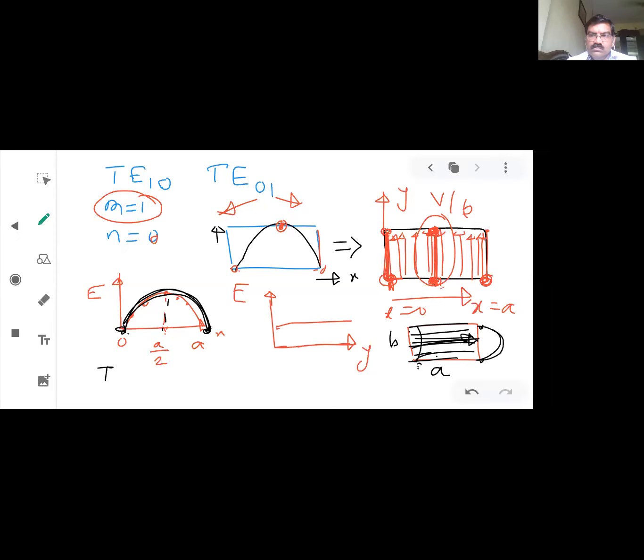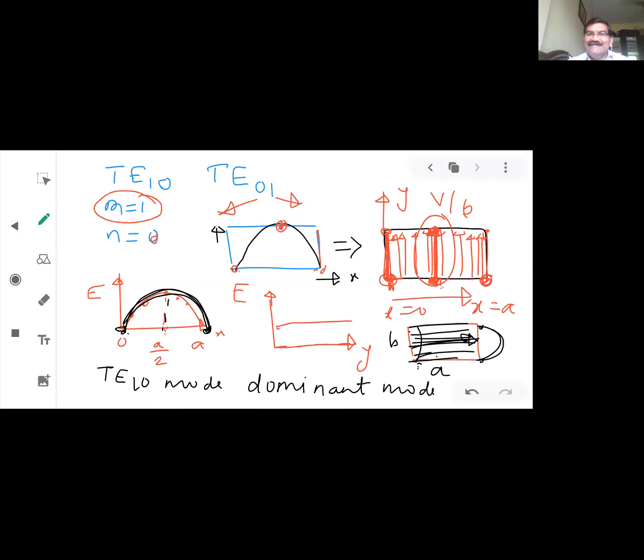So TE10 mode is also called the dominant mode. Dominant modes are those modes for which the wavelength is largest, or you can say the frequency is smallest.